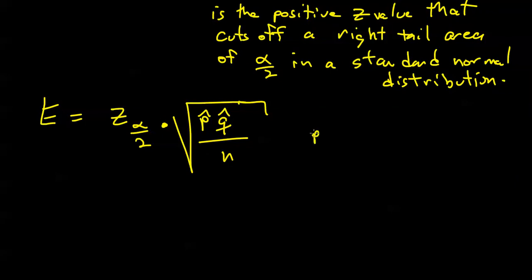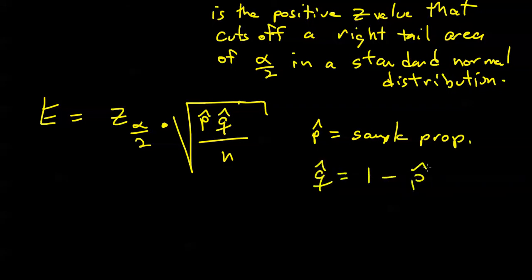Let me write that down. P hat is your sample proportion drawn from sample data, and of course then q hat is going to be the probability complement of p hat. Okay?